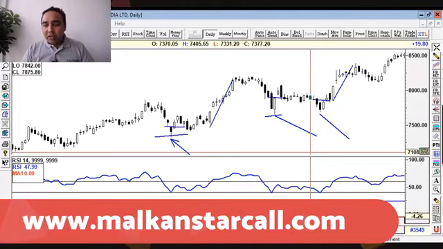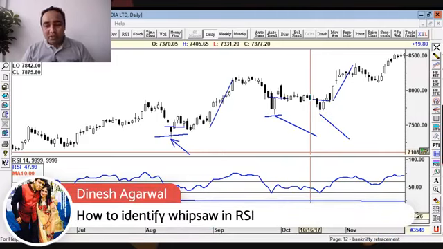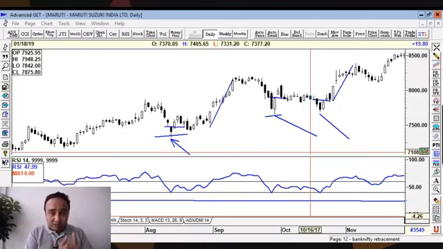How to identify a whipsaw in RSI? Okay, it's a good question. A whipsaw is something everybody goes through, and it is part of life. I can avoid certain whipsaws with the help of, like what we just saw, RSI and candle.